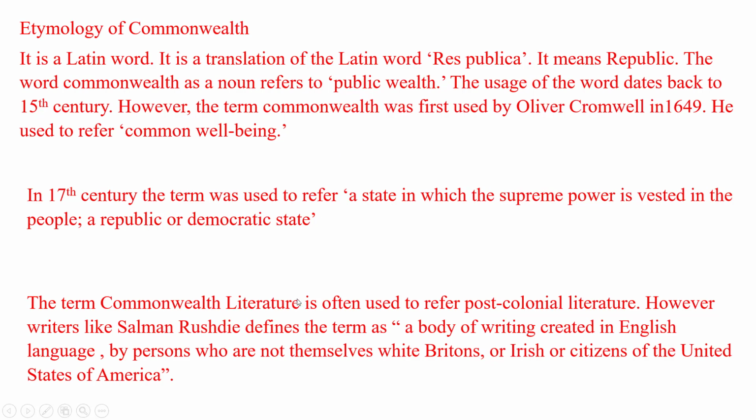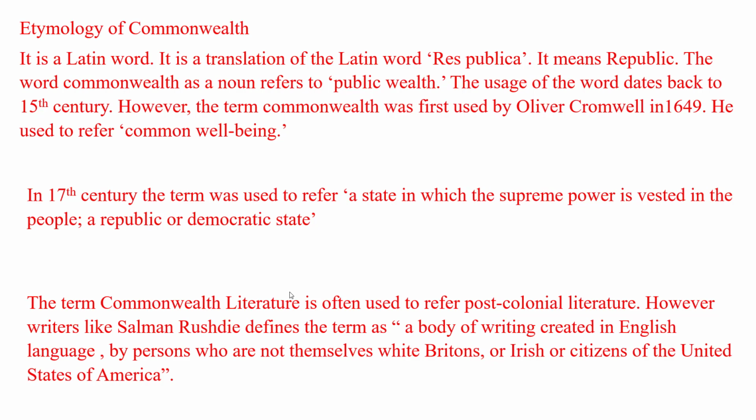In the 17th century, the term was used to refer to a state in which the supreme power is vested in the people, a republic or democratic state. But in the later 16th, 17th century, the same word Commonwealth referred to a state where the supreme power lay in one place.